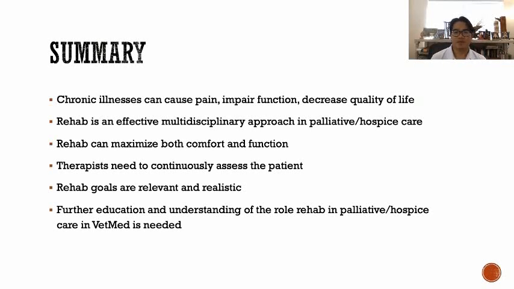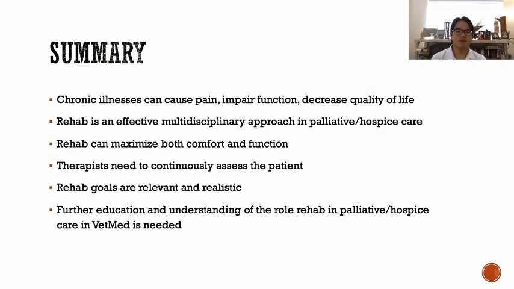For rehab therapists dealing with patients with hospice and palliative care, we need to continuously assess the patients to make sure that all goals are relevant and realistic. By assessing the patient continuously, we're also able to know if the patient is declining, so that we can take further steps or have further discussion with the client.